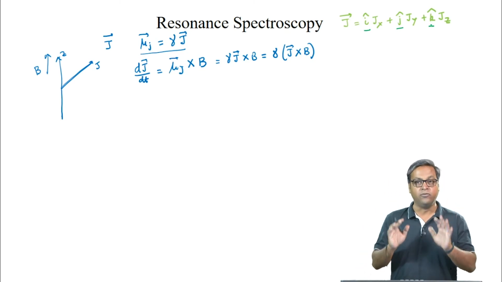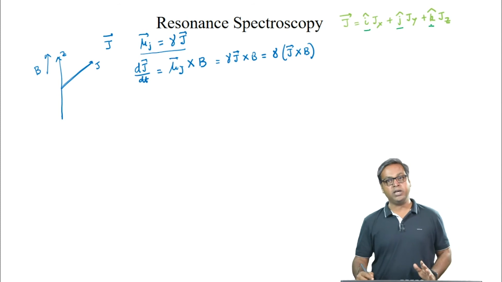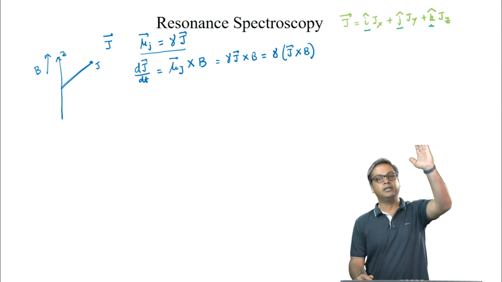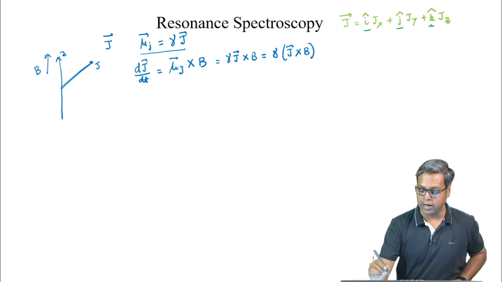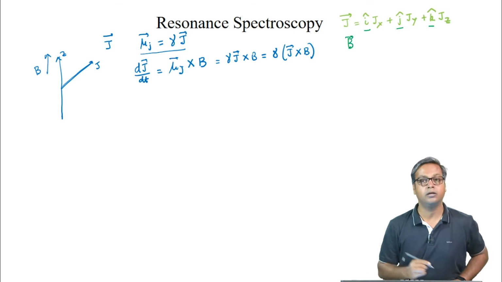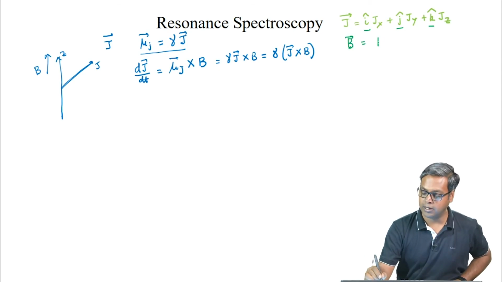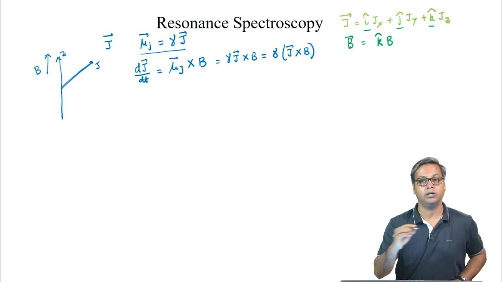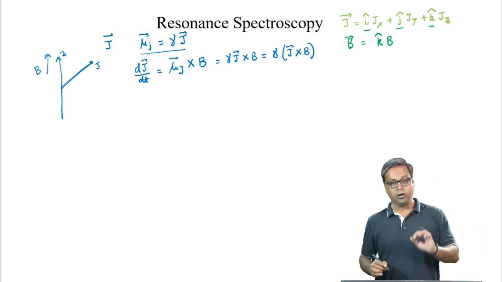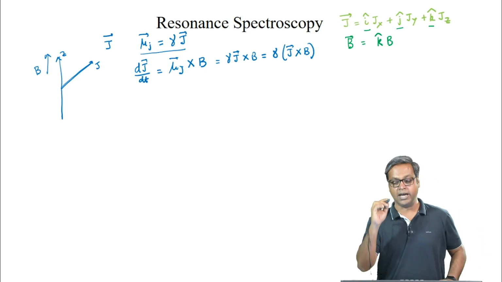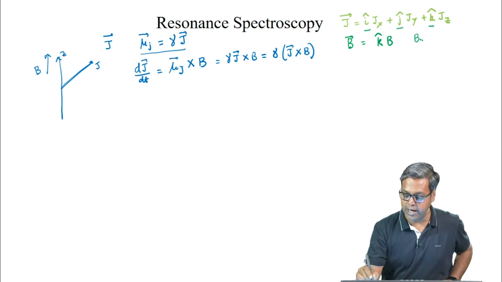And for the magnetic field B, because B is applied along the z axis, we can write B equals k B, so B_x equals 0, B_y equals 0 and B_z equals B.